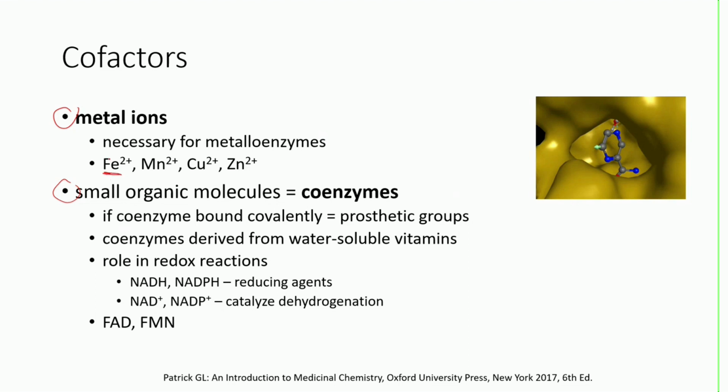Iron is, for example, involved in hemoglobin. There might also be manganese, copper, or zinc. You may remember zinc is involved in angiotensin converting enzyme, or in matrix metalloproteinases, for example.